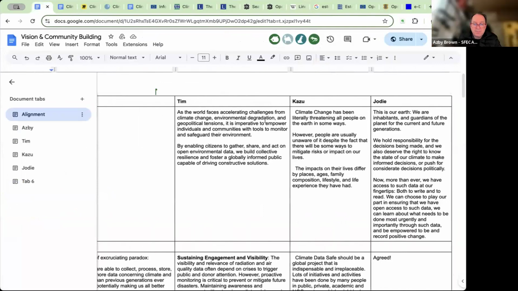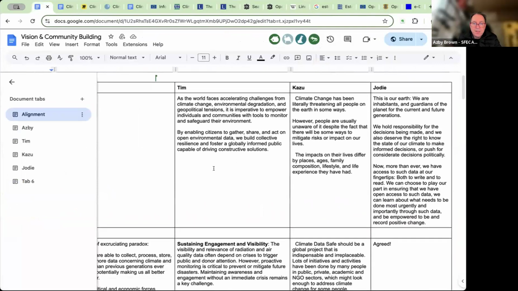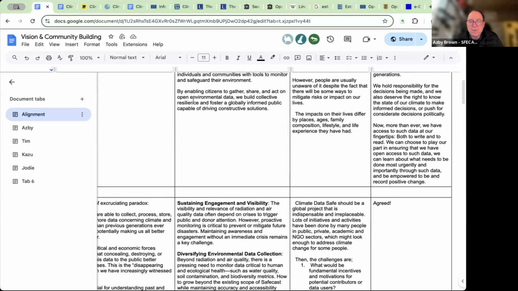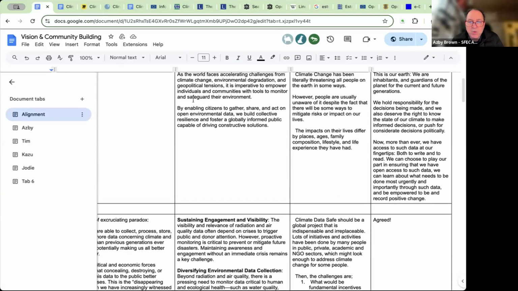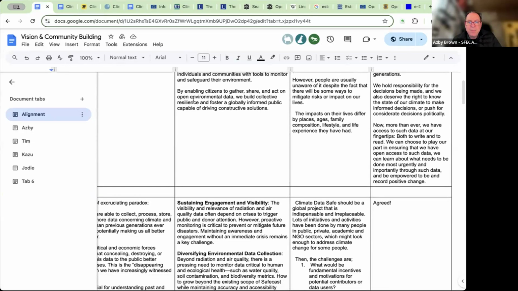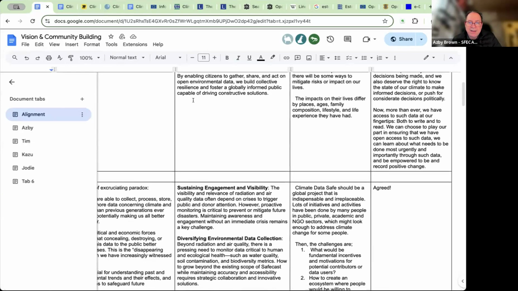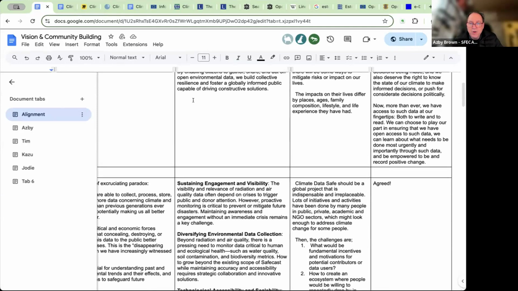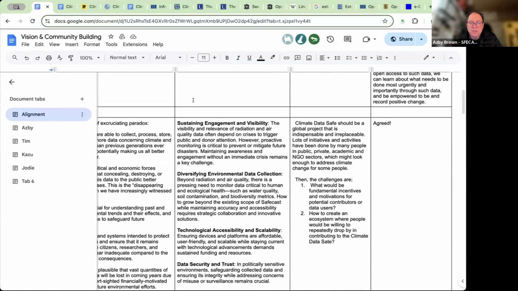So this is from Tim, his contribution, and part of it I put into the other one. Again, the premise: as the world faces accelerating challenges from climate change, environmental degradation, and geopolitical tensions, it's imperative to empower individuals and communities with tools to monitor and safeguard their environment. By enabling citizens to gather, share, and act on open environmental data, we build collective resilience and foster a globally informed public capable of driving constructive solutions.